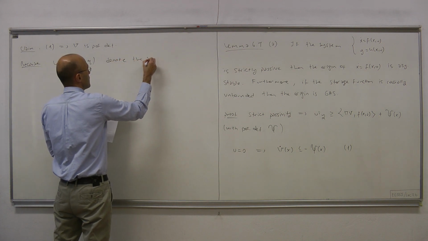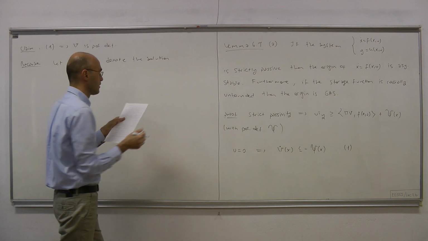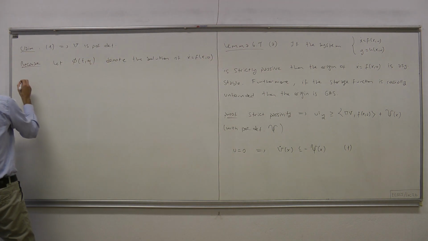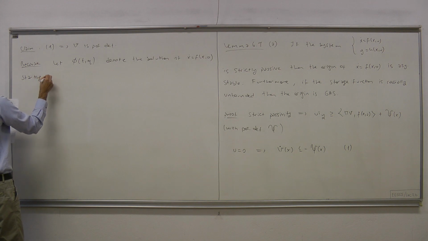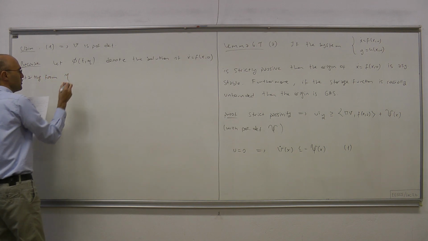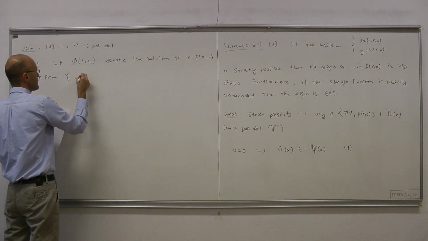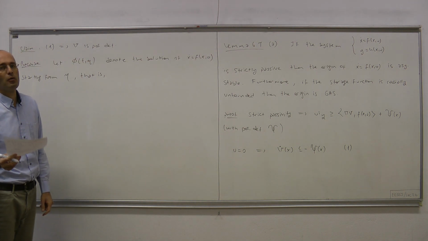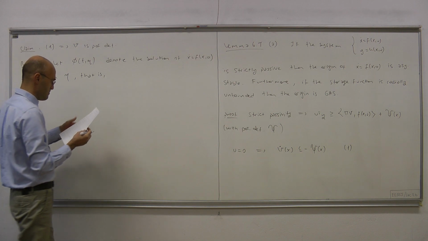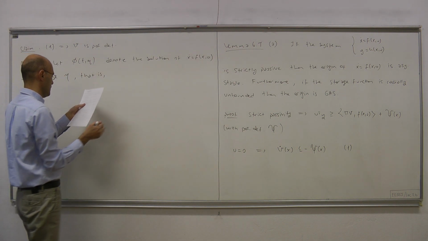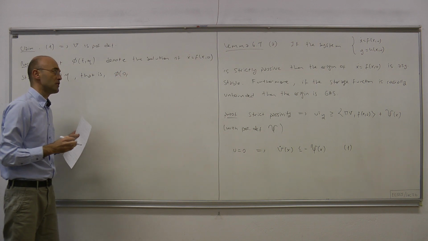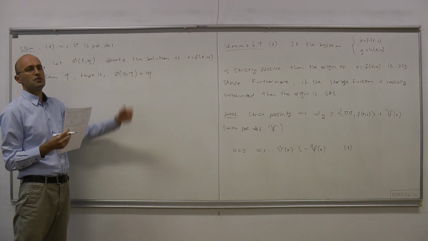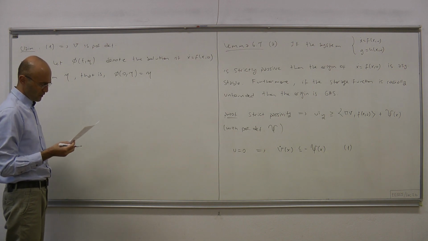Since we're dealing with a time invariant case, without loss of generality we always take the initial time to be 0. So what we mean by this notation is that at the initial time, t equals 0, the solution is eta. So this eta is just the initial condition for the solution.